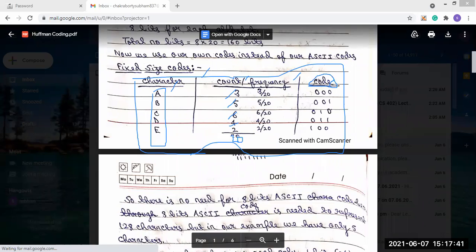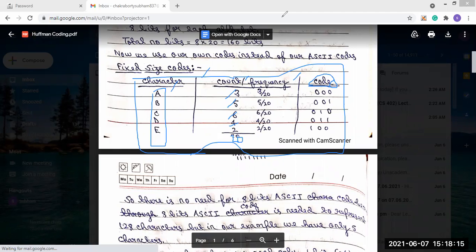Previously we have seen that using the 8-bit ASCII code, we convert the characters into ASCII code, and from there we get the 8-bit binary number. But if you observe correctly, we used 8 bits for representing 128 characters.